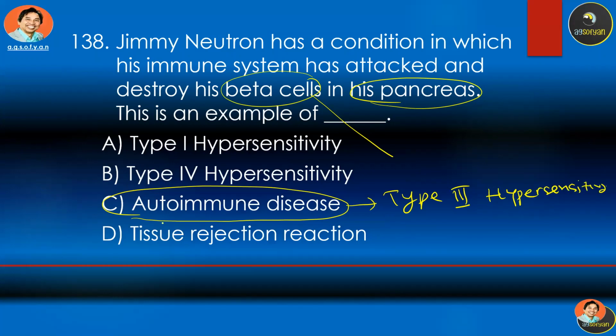Remember, type 3 is caused by the IgG, the IgG that attacks our own cell. In this case, this IgG attacks the beta cell of pancreas, causing type 1 diabetes.